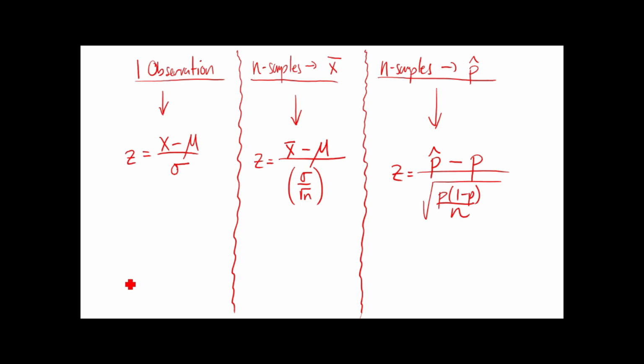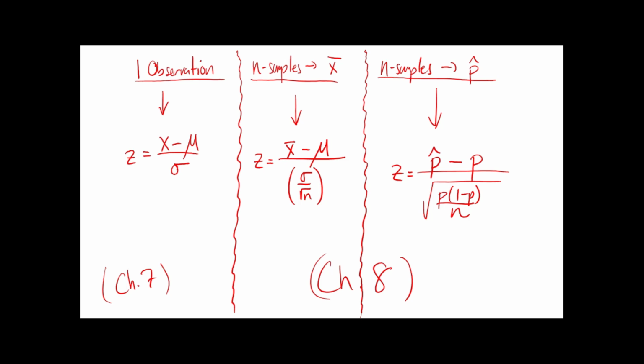And this was what we talked about in chapter 7, just taking one thing from a normal distribution, and this stuff over here comes out of chapter 8, when you're sampling multiple people and calculating a statistic like a mean or a proportion. But the process is the same.